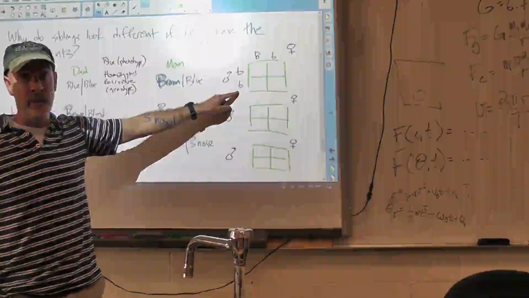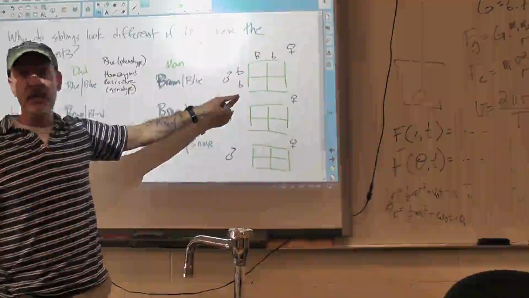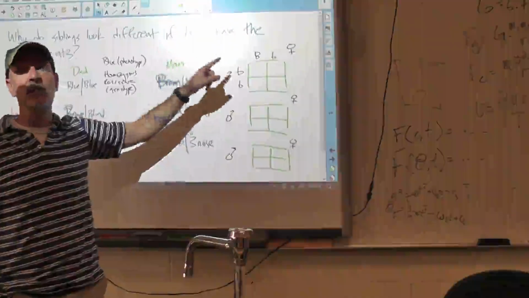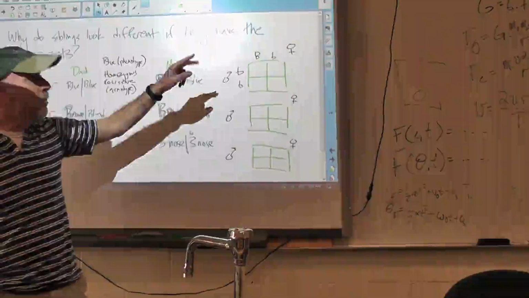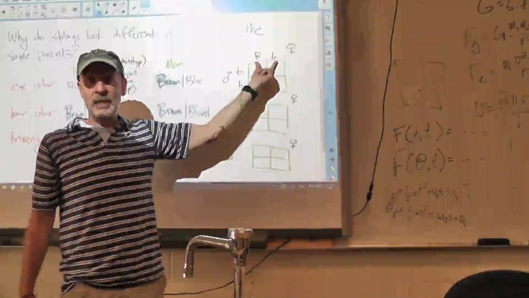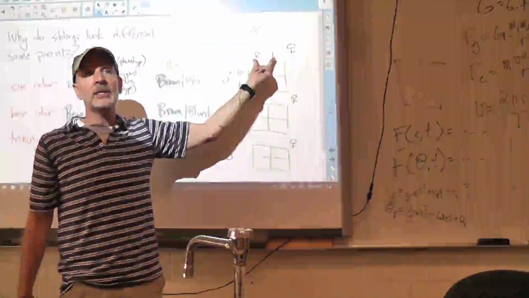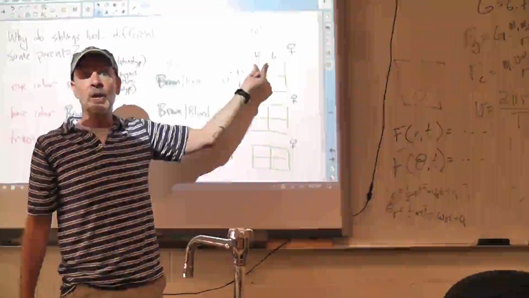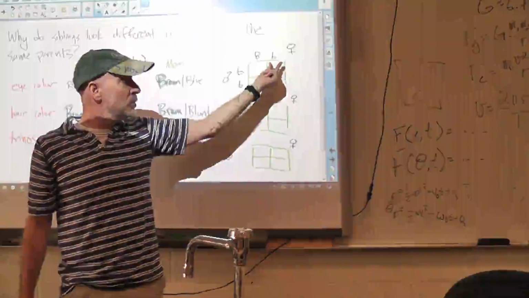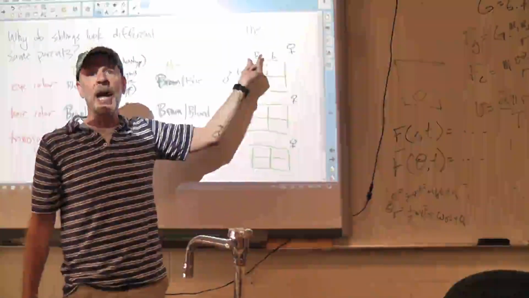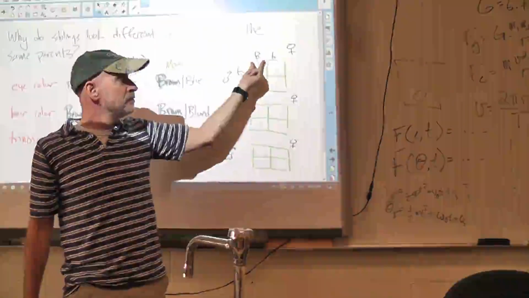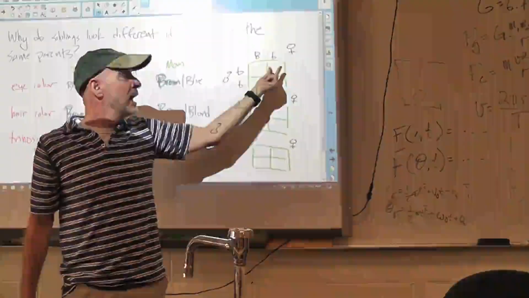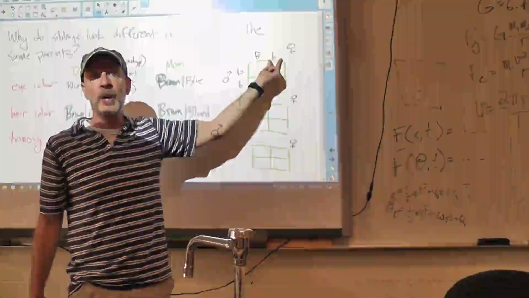No matter what happens, dad's gametes are going to have a recessive allele for eye color. Mom, when she has a cell that undergoes meiosis, is going to produce 4 gametes. 2 of them will have the dominant allele, 2 of them will have the recessive allele. So half of mom's gametes will have the brown-eyed allele, half of mom's gametes will have the blue-eyed allele.